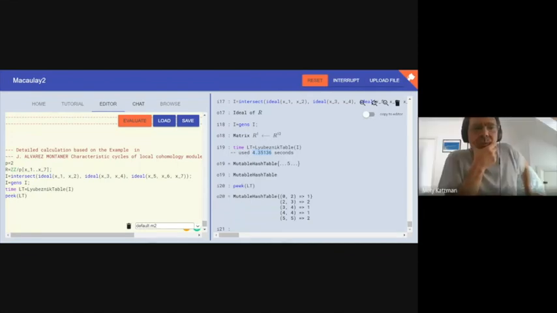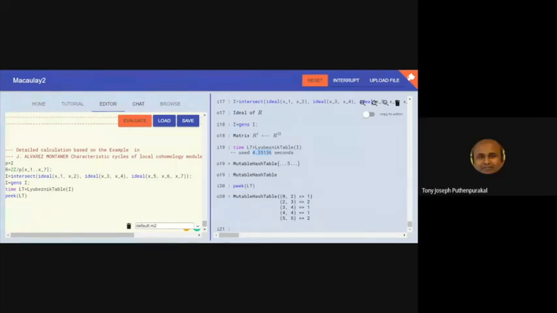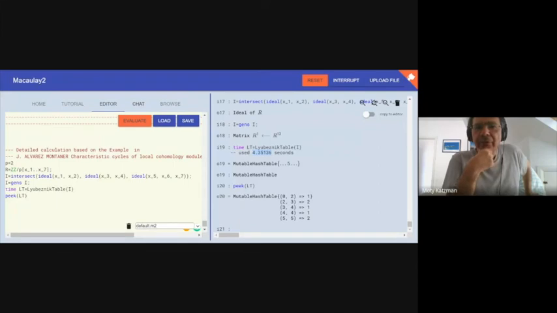What I showed you can be generalized to finding the Bass numbers of any finite F-module, but the Bass numbers associated with the maximal ideal. That's because when you think of these Bass numbers as the dimension of a socle, the dimension of the socle of a finite F-module is the same as the dimension of the socle of a root.